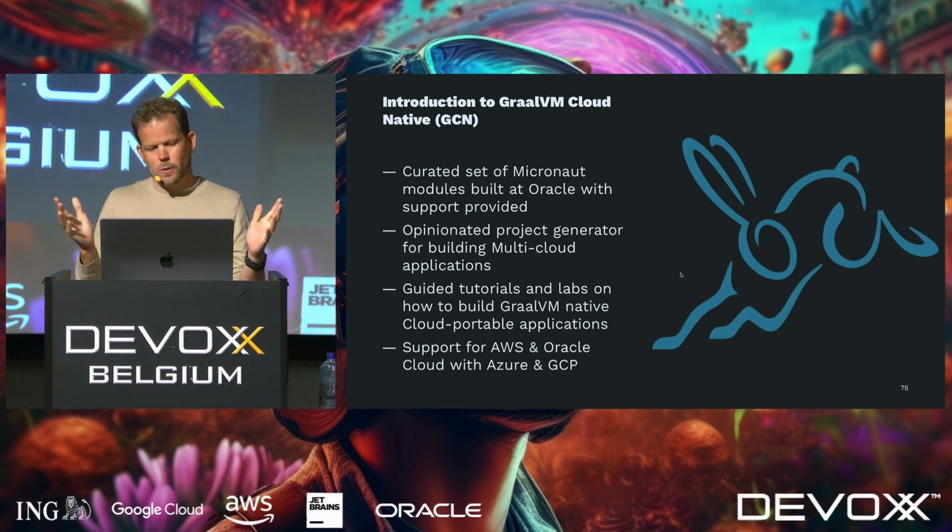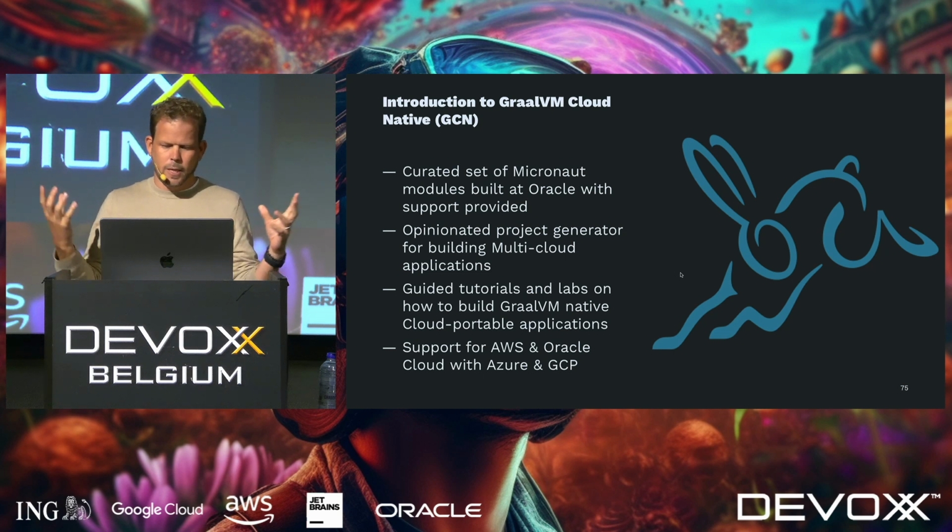So it's a set of project templates and guides and a lot of testing behind the surface to make sure that everything works with native image, everything is native first. Initially we've launched with AWS and Oracle Cloud support, but we're going to add Azure and GCP because they're supported by Micronaut. And it's like guided tutorials and labs.